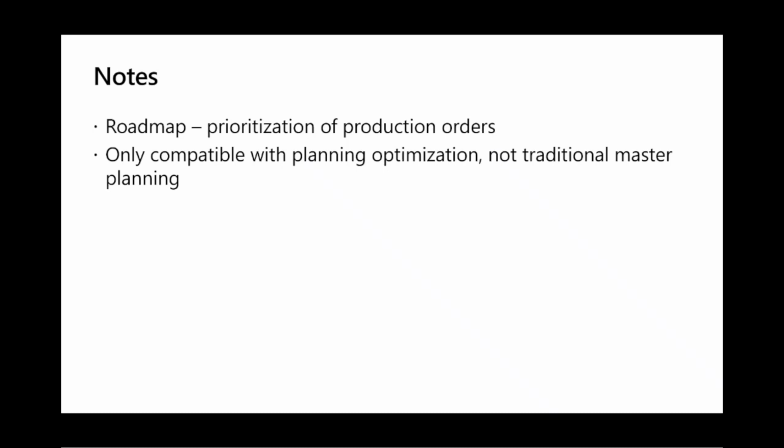And this feature that's been released is only compatible with planning optimization, not with traditional master planning. If you have an item that is set up with a coverage code priority and you're running traditional master planning, it will be treated as if you have a coverage type of requirement. So you have to adopt planning optimization in order for this functionality to work.